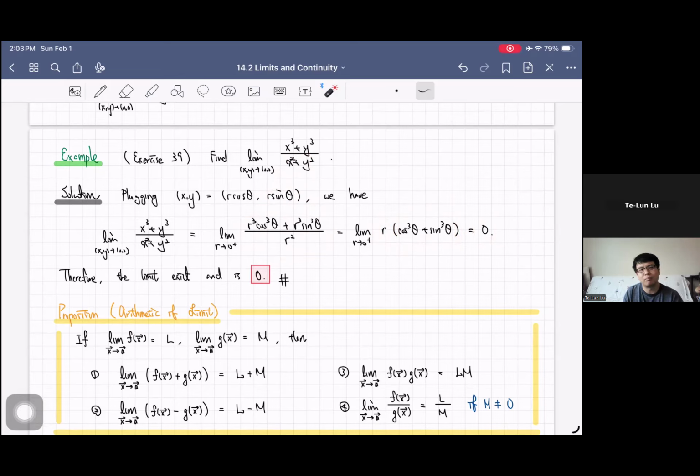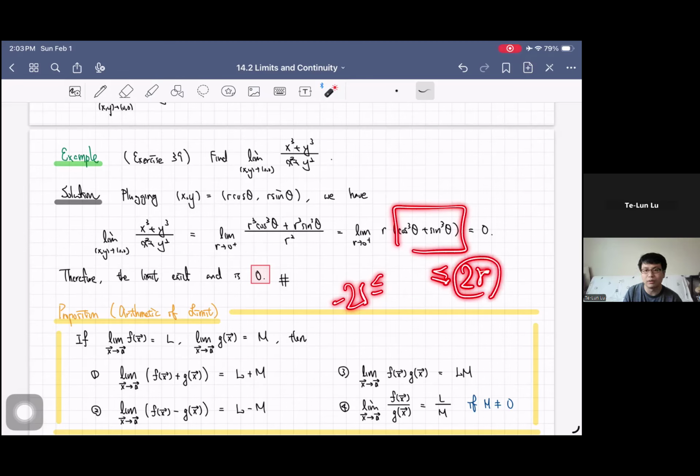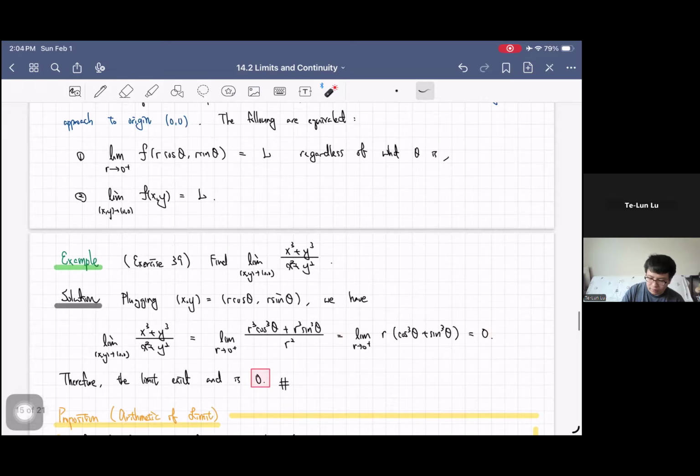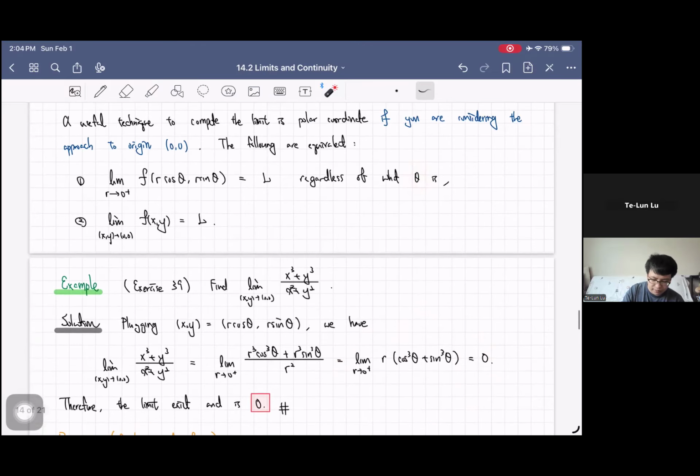You can argue that perhaps by the squeeze theorem. The bracket is always less than or equal to 2 and greater than or equal to minus 2, so you have minus 2r less than or equal to this whole thing, which is less than or equal to 2r, and both go to 0 when r goes to 0. So the limit is 0, meaning that independent of theta, the limit of this is simply 0.